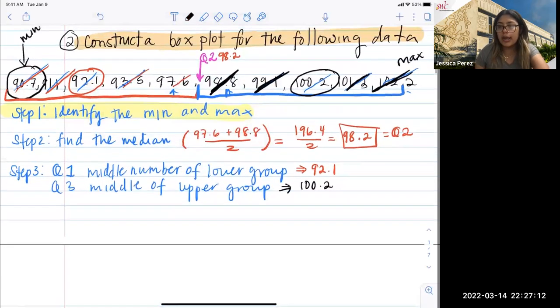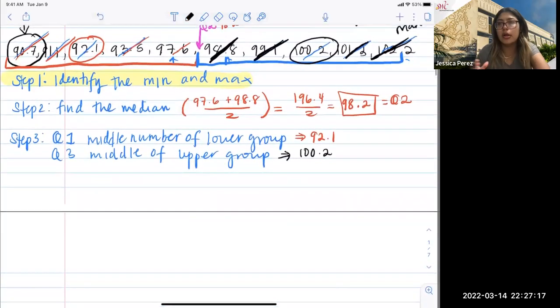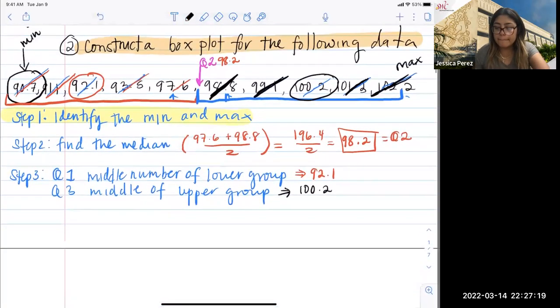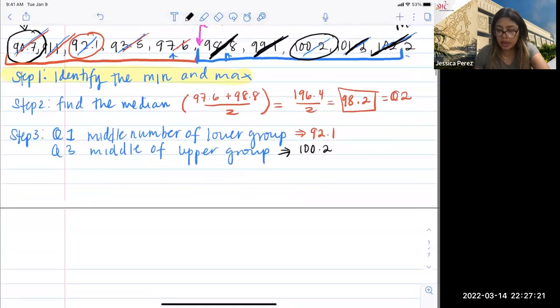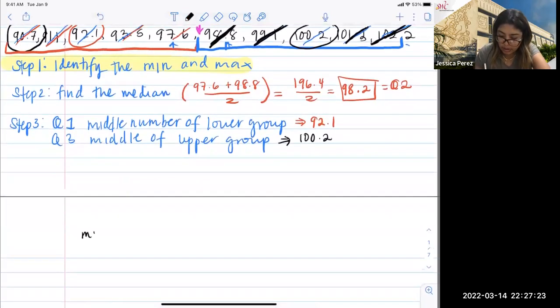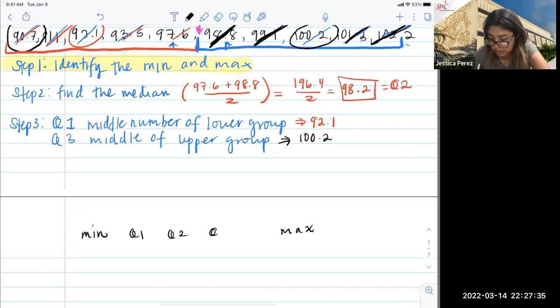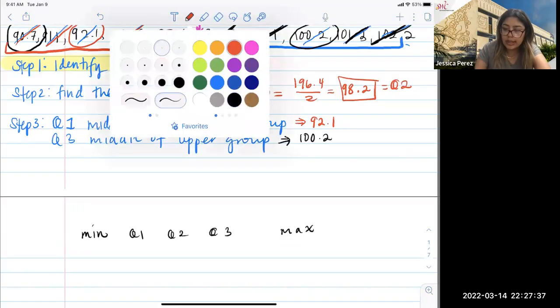So now that I have the min, when you do a box plot, it's also called a whisker plot. So you always put your min, your max, and then you have your Q1, your Q2, and then your Q3. And you put it above.